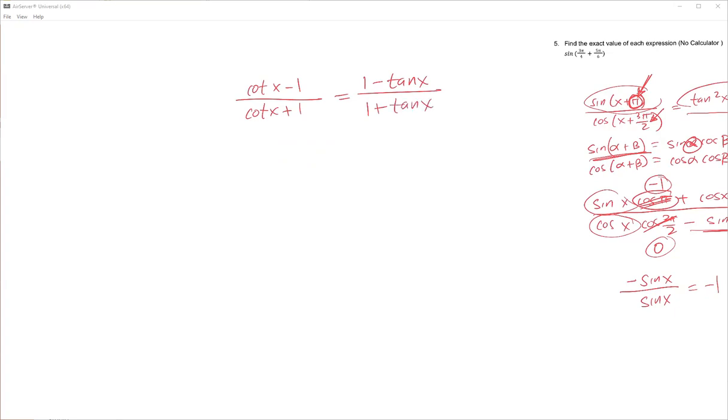As I was explaining before, what they did was they divided the top and the bottom by cotangent x.